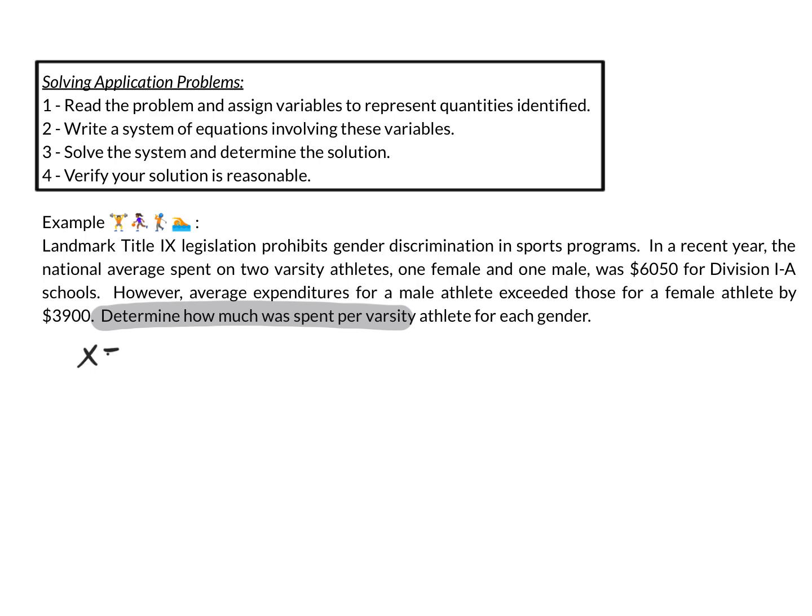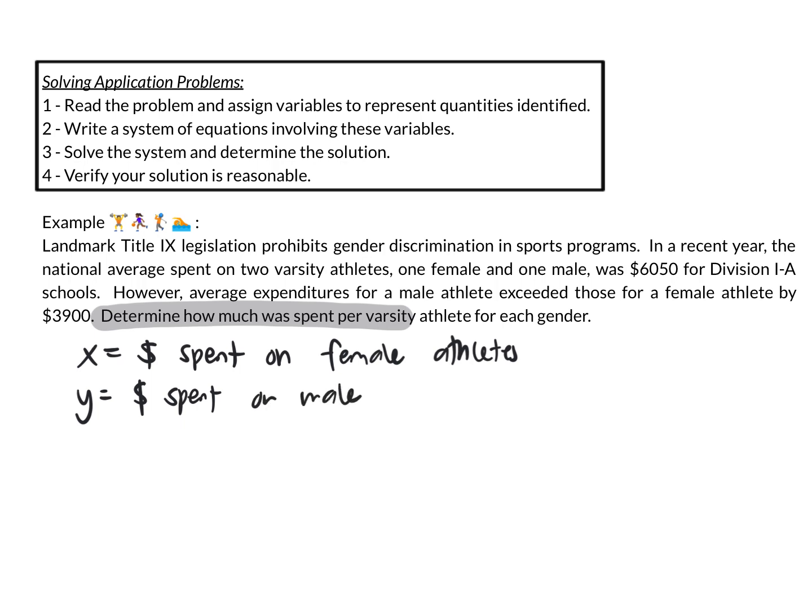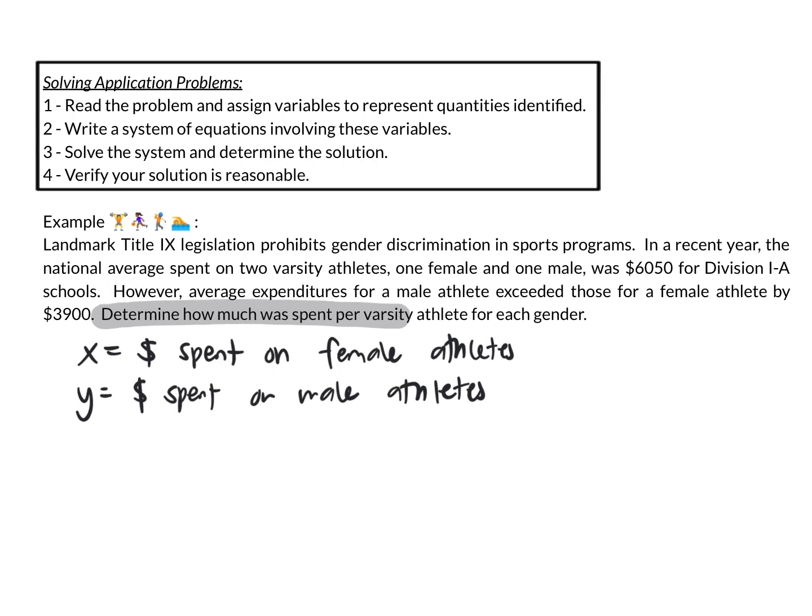Let's say X equals money spent on female athletes, and Y can equal money spent on male athletes. If you want to choose other variables other than X and Y, you can, but I'm just going to choose X and Y to keep it easy.